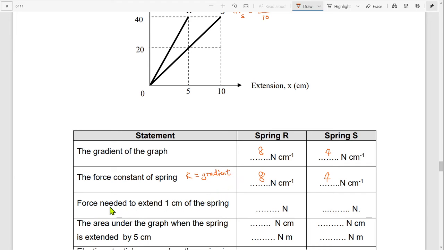Okay, so force needed to extend 1 centimeter of the spring. Okay, so if I look at here, for 1 cm I need 8 Newton. Here for 1 cm I need 4 Newton. Okay, so looking at this, which one is stiffer?